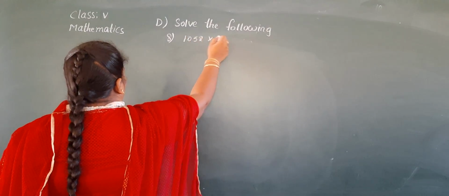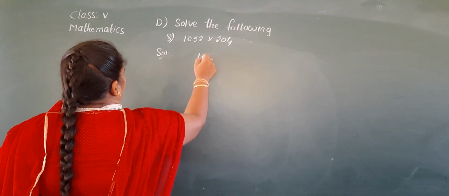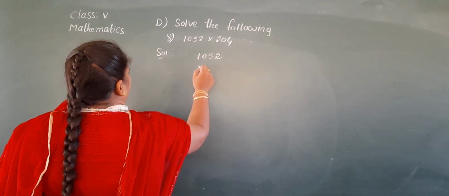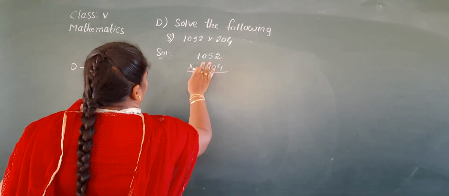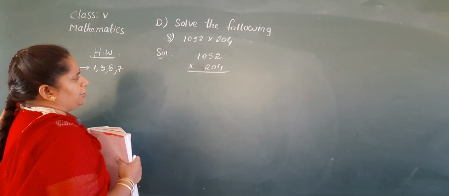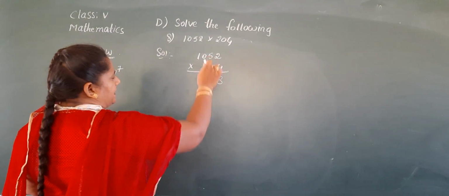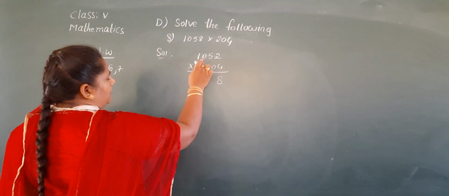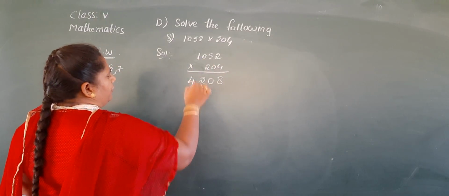1052 into 204. First you multiply by 4. 4 2s are 8. 4 5s are 20. So here 0 is there, so you write 20 down only. 4 1s are 4.